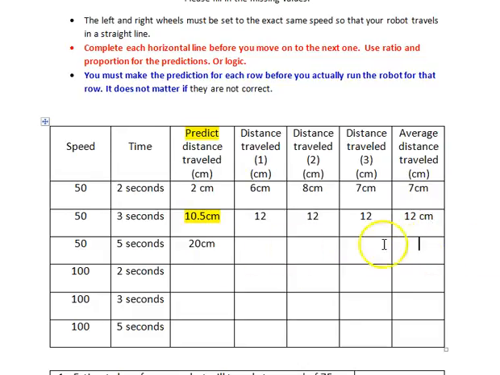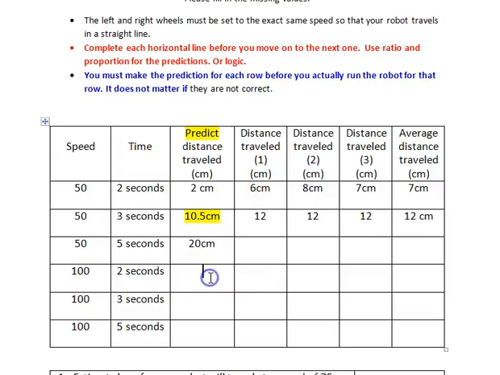After you've filled in that row, you are now going to run your robot at a speed of 100, going back to 2 seconds. Now your prediction is easy. You went 7 centimeters, going at a speed of 50 for 2 seconds. 100 is twice as fast as 50.